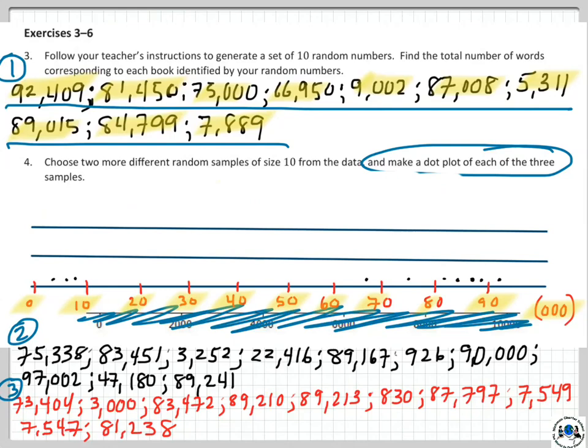Like I was saying before, they kind of clustered up here towards the top. Now again, this is a random sample, but there's that variability. Now I'm going to dot plot sample numbers 2 and 3, and come back.